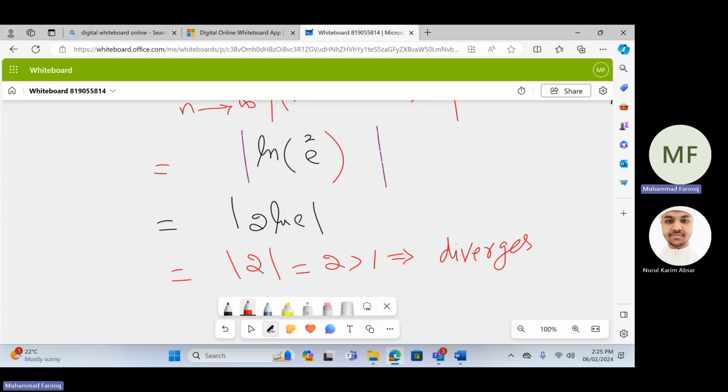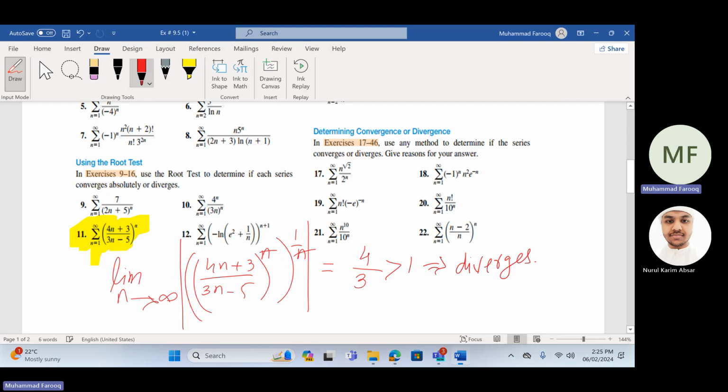Let's take one last question from this topic, then we go for further tests. Again, as this lady mentioned in 9.3, it is not the case that in 9.5 all the questions can be answered by the ratio test. They're a mixture basically.